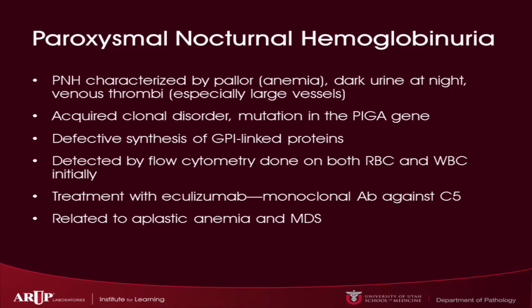One other important caveat of this condition is that about 10 to 20% of PNH is associated with aplastic anemia, so basically bone marrow failure, and myelodysplastic syndrome, which is a clonal disorder of the bone marrow. So anytime a clinician is suspecting PNH, they need to look for aplastic anemia and MDS because of the close clinical correlation between these.